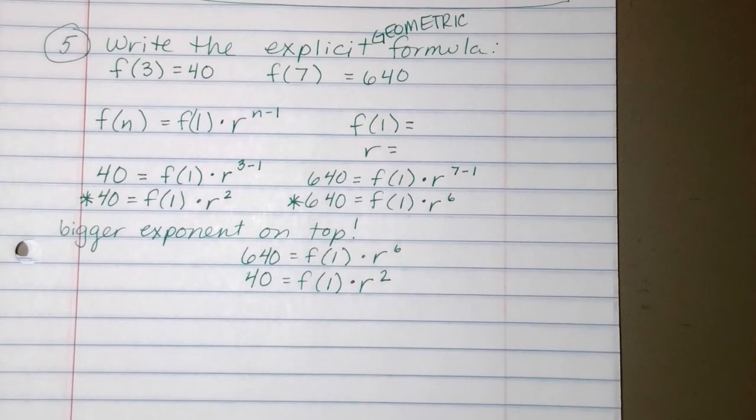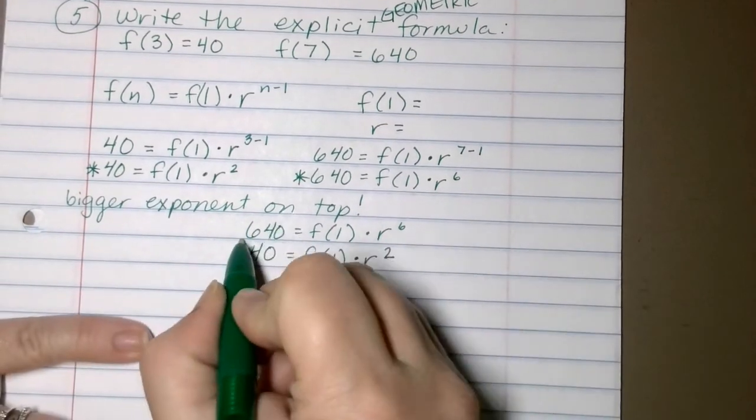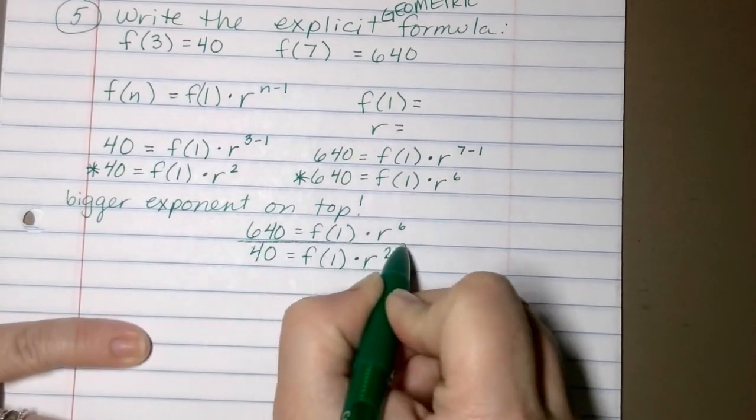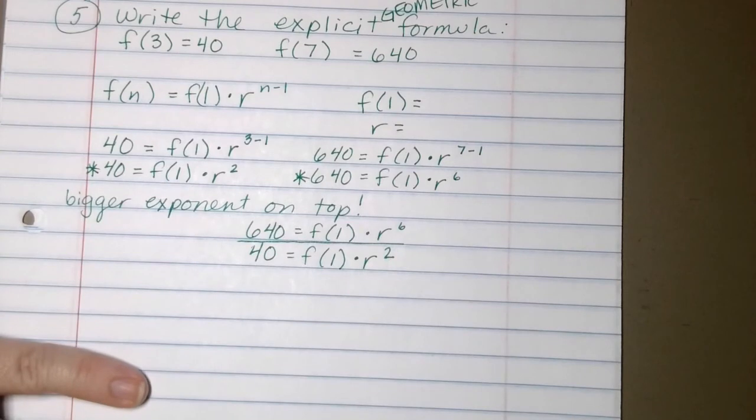Okay? Now, to solve this the way you might know how to, you would probably use substitution. You'd get f of 1 by itself in one of the equations, plug it into the other, but we're going to do division instead. What I'm going to do is take the top equation and divide it completely by the bottom one.